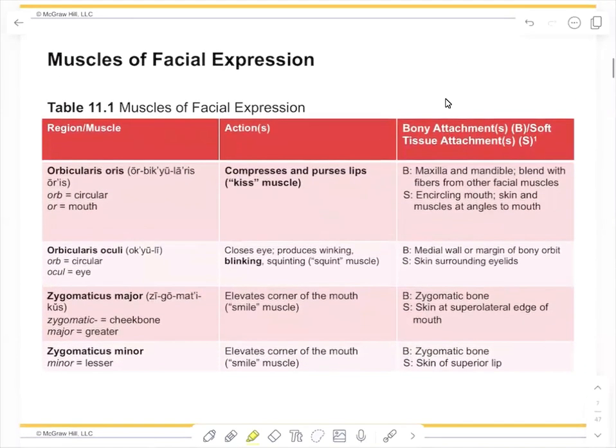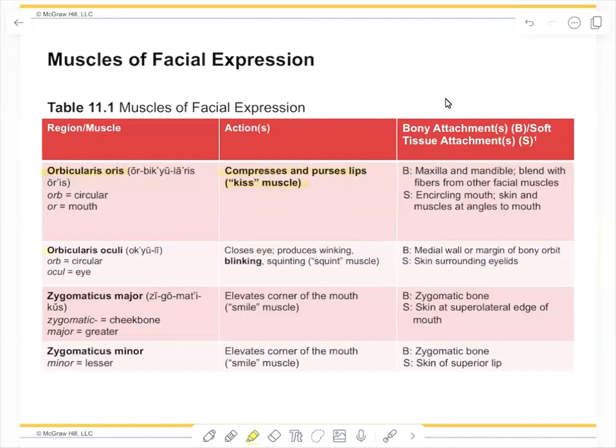Continuing with this group of muscles for facial expression, we have the orbicularis oris, which is sometimes referred to as the kissing muscle. So if you're leaning over to maybe kiss your niece and nephew, you would be using your orbicularis oris muscle.